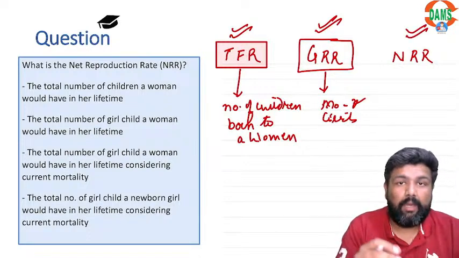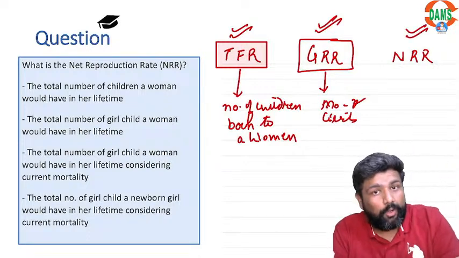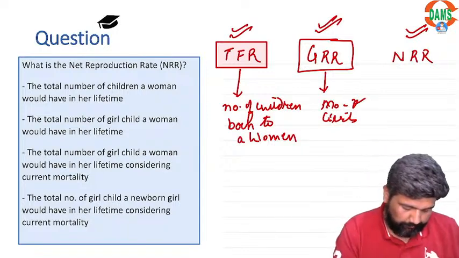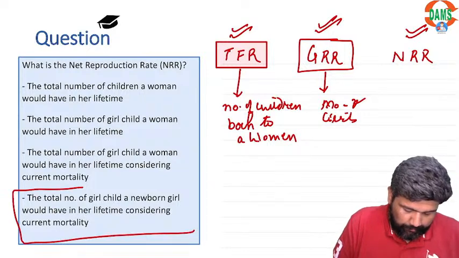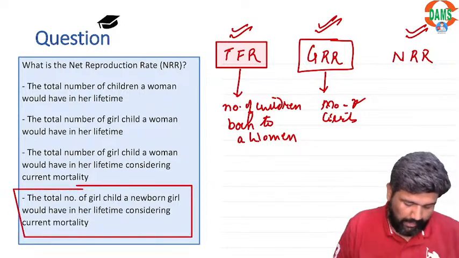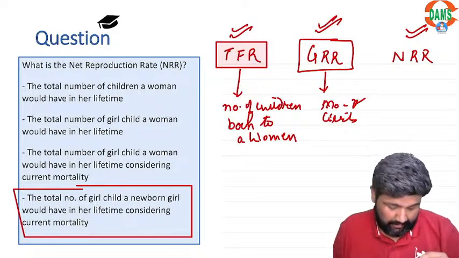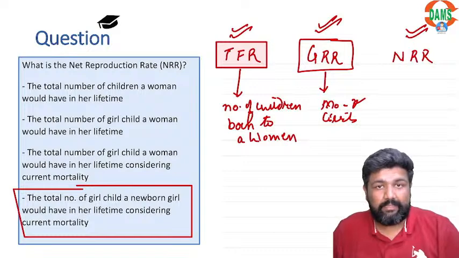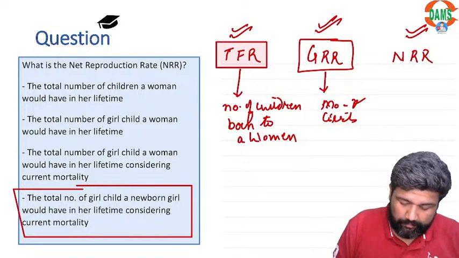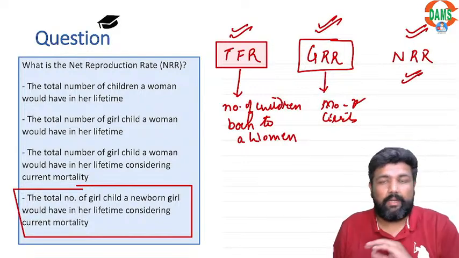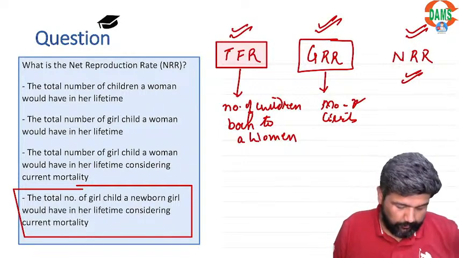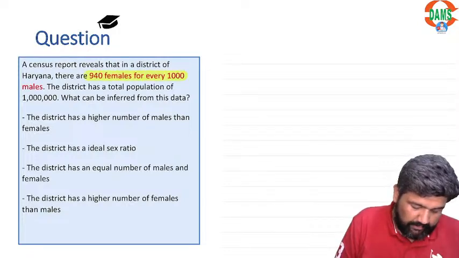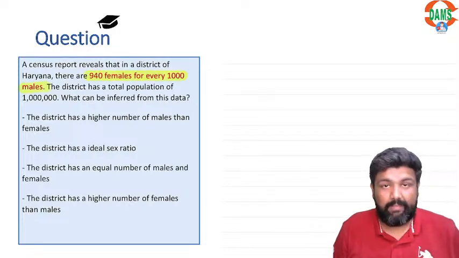In NRR, the number of girls born to a newborn girl, right? So the total number of girls a newborn would have in her lifetime, considering current mortality. Another MCQ: which considers mortality also? NRR considers mortality also.